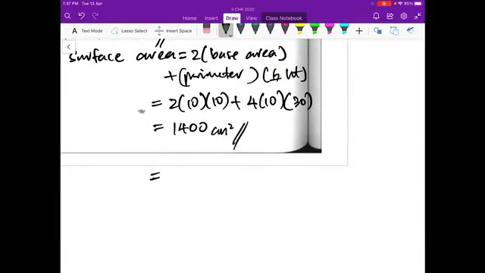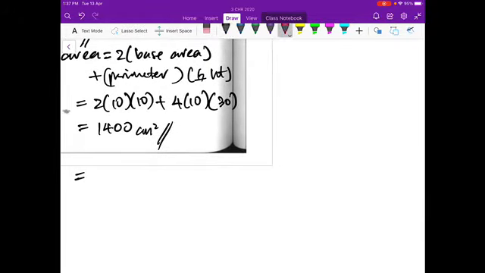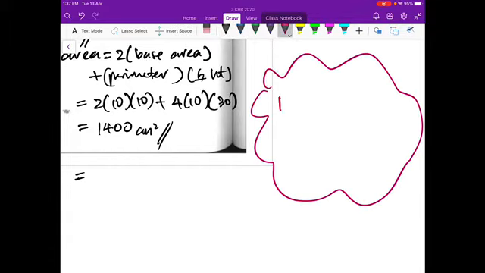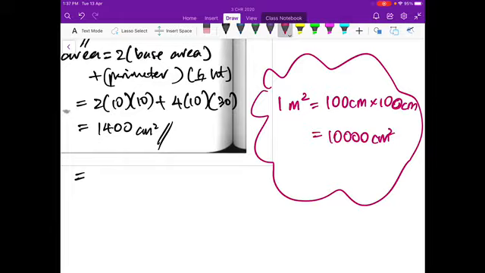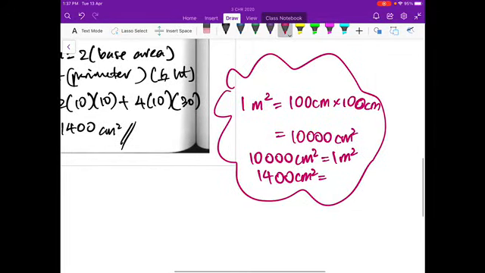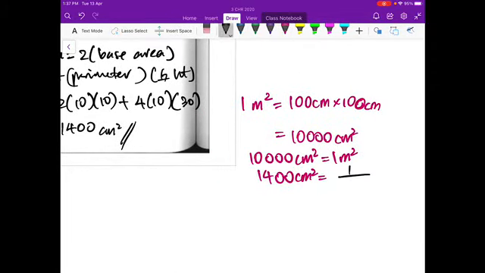Let's do a recap. 1 square meter is 100 cm times 100 cm, which is 10,000 square centimeters. In other words, 10,000 square centimeters equals 1 square meter. Then if I have 1,400 square centimeters, it will be 1 over 10,000 times 1400.